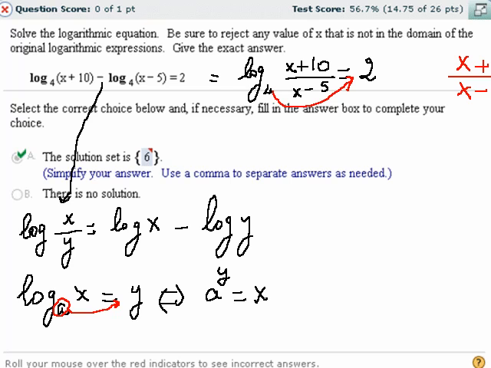Over 1, so we can cross multiply. Now to solve this equation, all we have to do is cross multiply. So we go like this and like that. And now we end up with 1 times x plus 10, which is just x plus 10, equals 16 times x minus 5. So 16 times x minus 5.